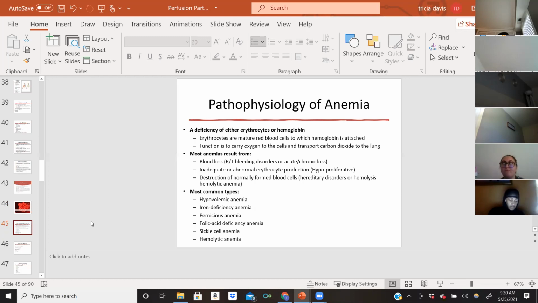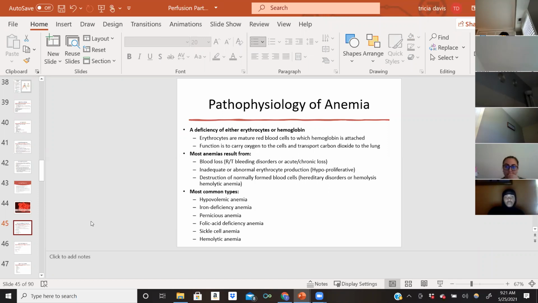Most of the time when we see anemia in our patients, it is because of blood loss, related to a particular bleeding disorder, an acute or a chronic issue, or if they've had some type of acute or chronic loss. It can also be a result of inadequate or abnormal erythrocyte production. And then it can be the destruction of normally formed blood cells.